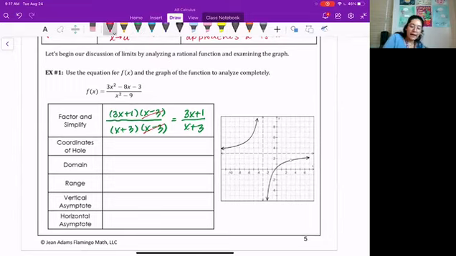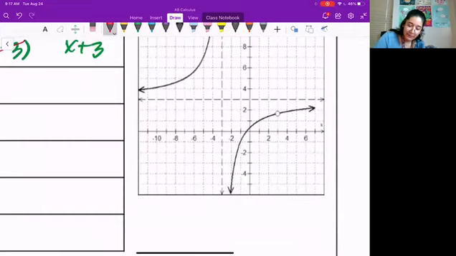Now, the fact that I was able to cancel out this x minus 3, that's a removable discontinuity. I just removed that from my function. If I take that and solve for x, I'm getting x equals 3. If I go look at x equals 3, there's a hole. Part of my function was removed.